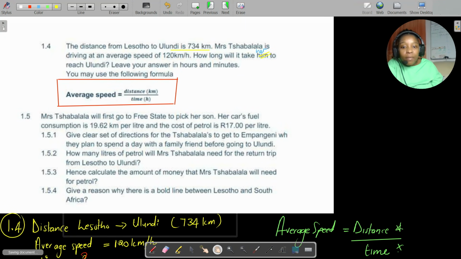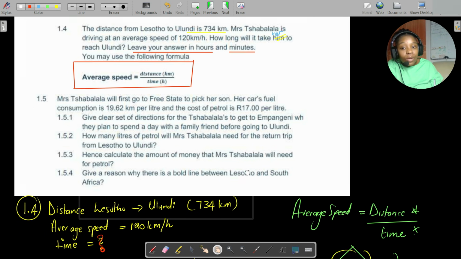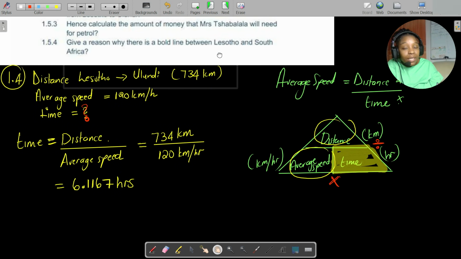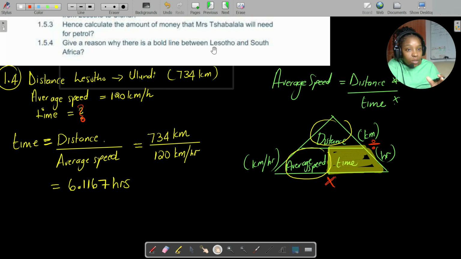But remember, the question is asking us to leave your answer in hours and minutes. We can already see that our answer is not in hours and minutes, but just in hours. So they're saying you need to figure out what are the hours and what are the minutes. The time that it will take her will be 6 hours, so you can break this up.